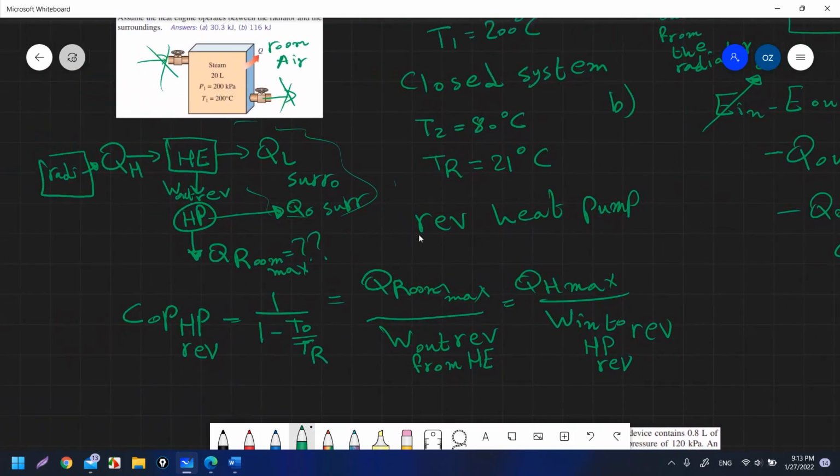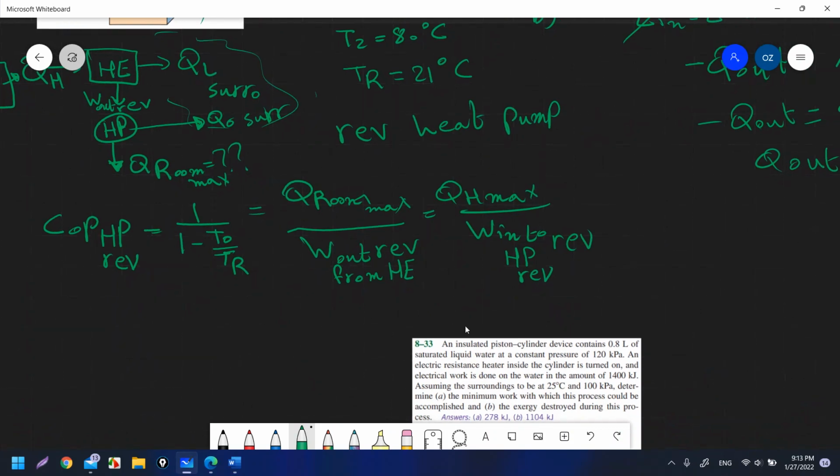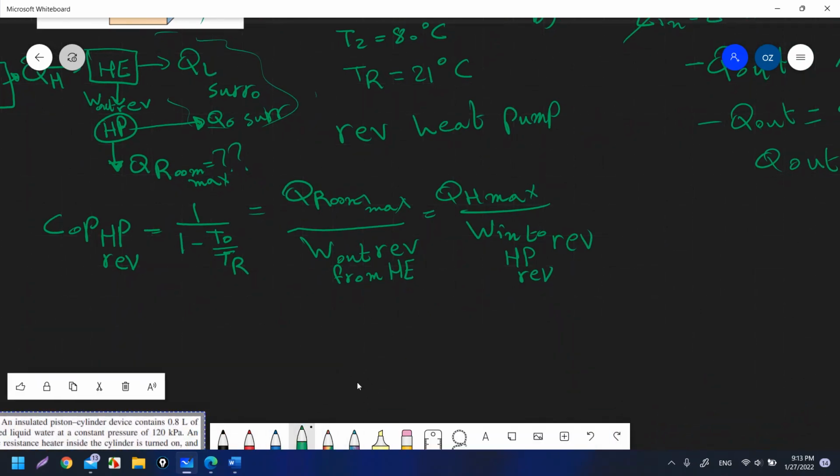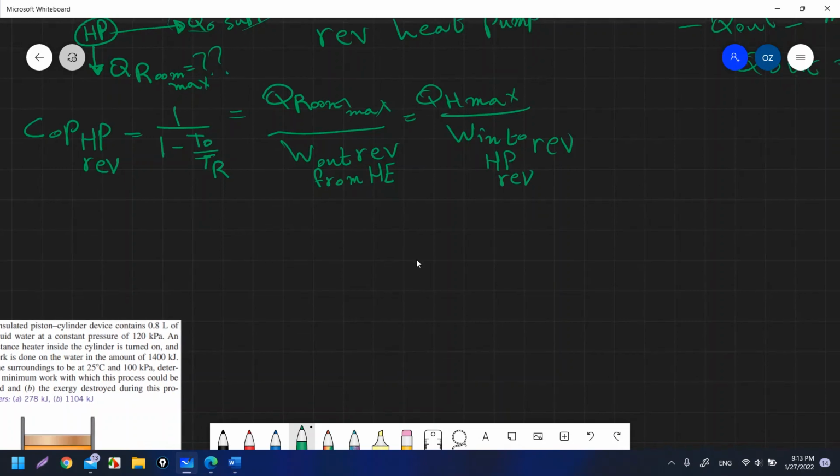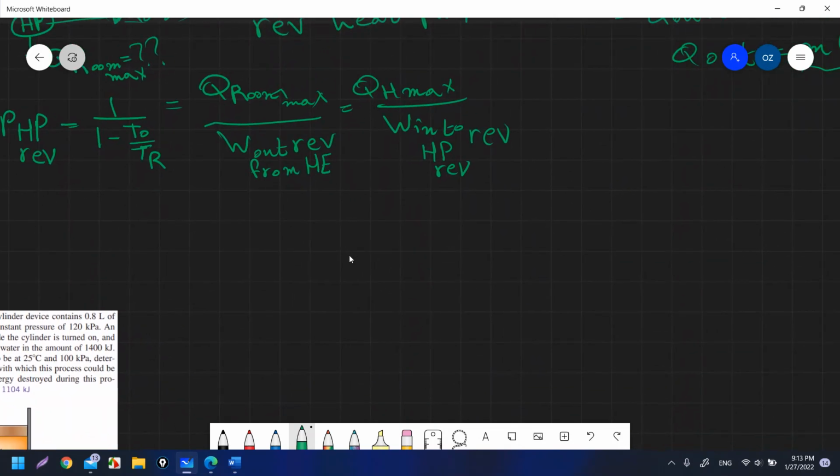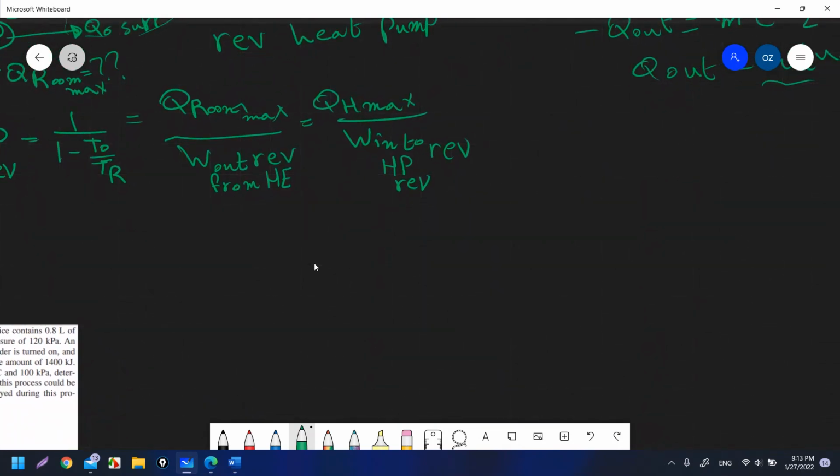For here, the reversible work is an out reversible work from the heat engine, right? So let's write the equation also for the reversible work. In the last question, we used the exergy balance. The same here, and usually the reversible work we find from the exergy balance.